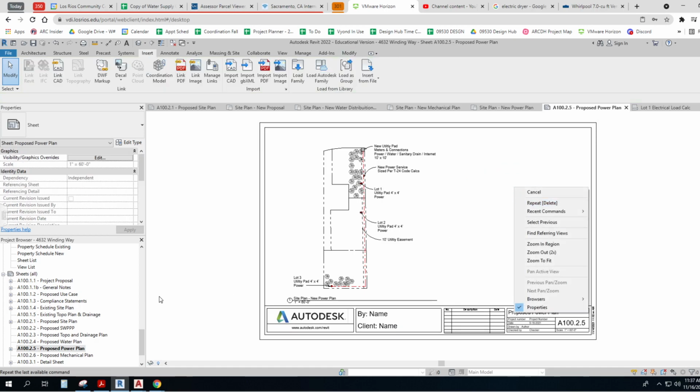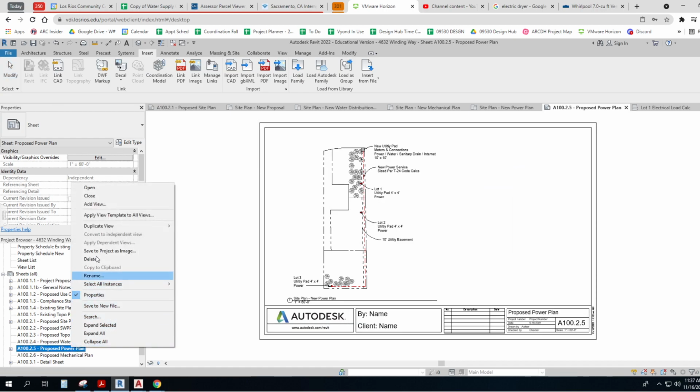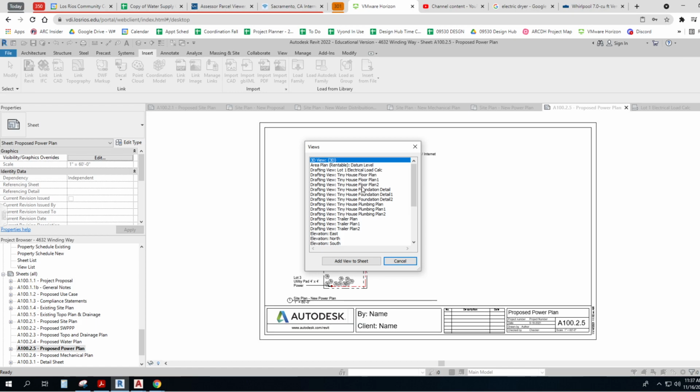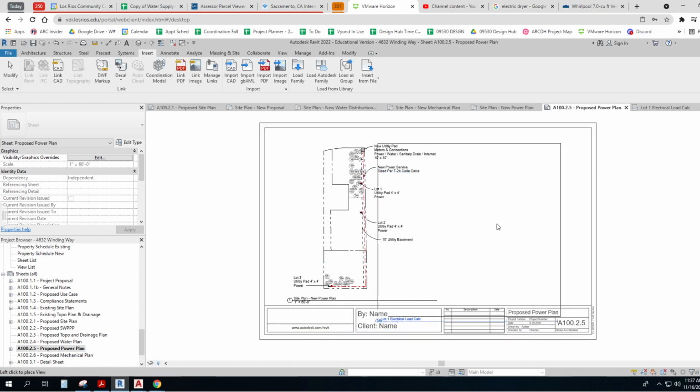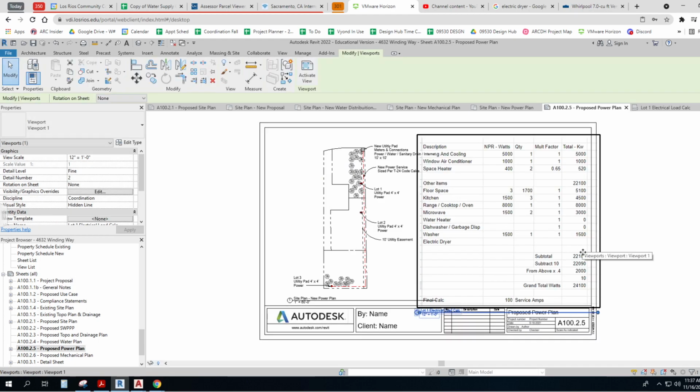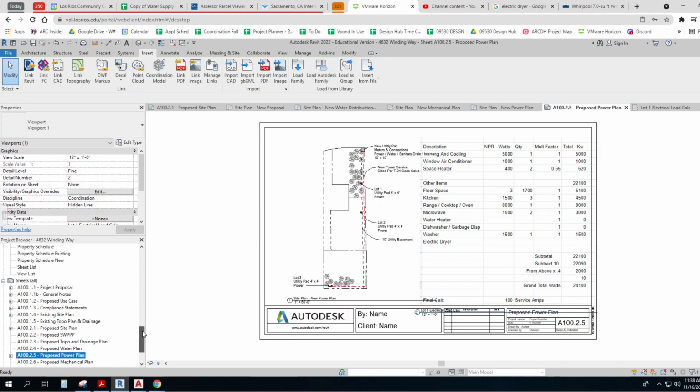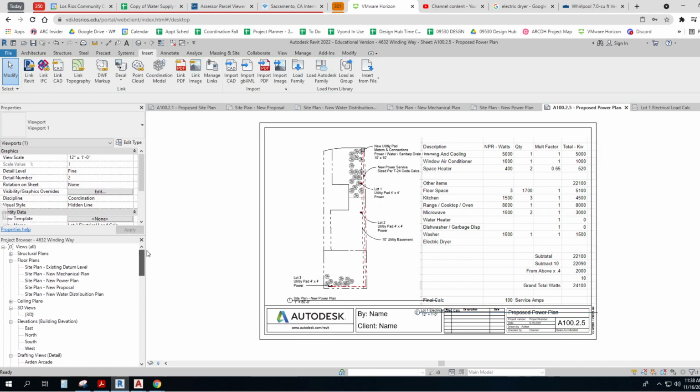That might be too big by the time I get all three of them on there. Oh, yeah, that's way too big. I need three of those on there. Let me go up and make that much smaller.